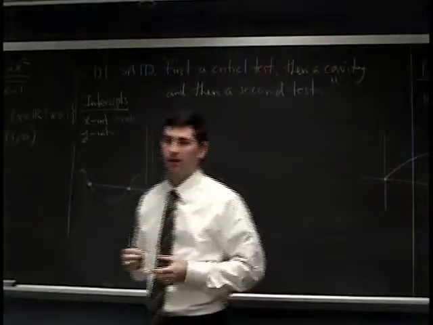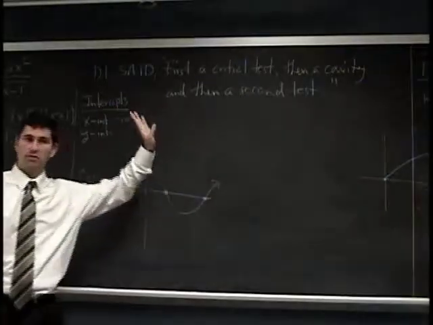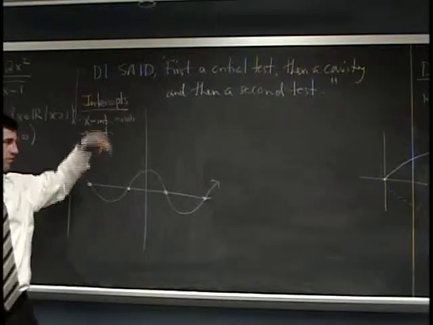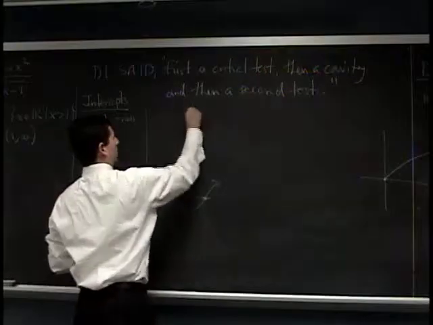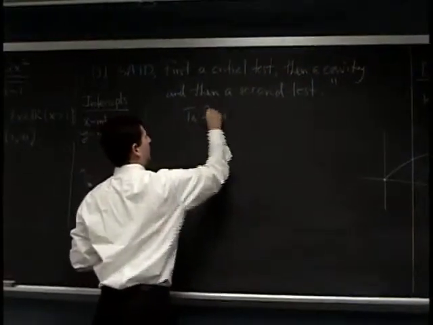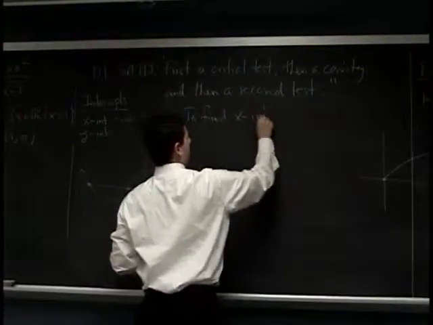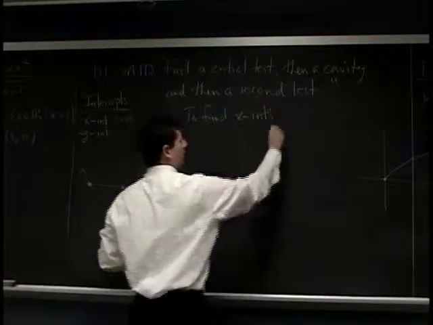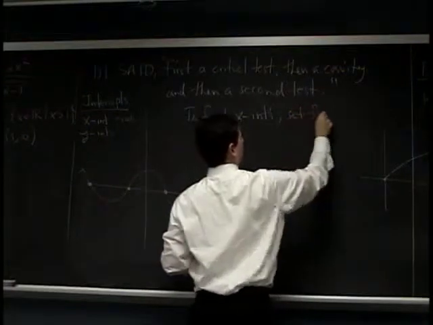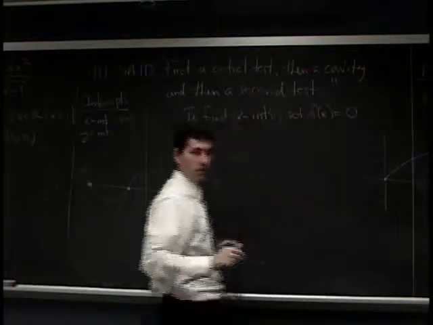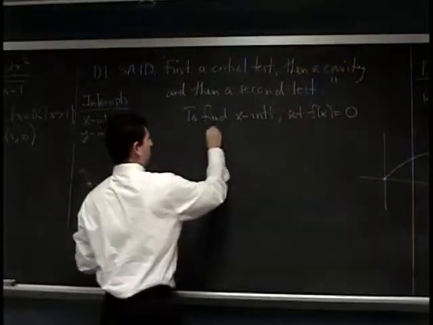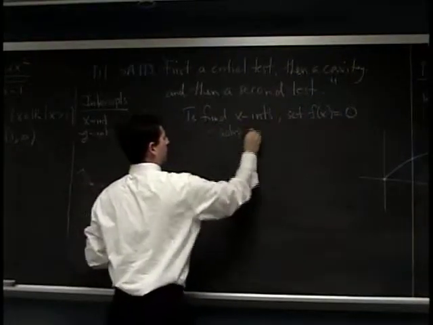You don't have to be, so if you don't like that, you can say zeros. The x-intercepts are the zeros of the function. How do you find them? To find x-intercepts, you set f of x equal to 0 and solve for x.